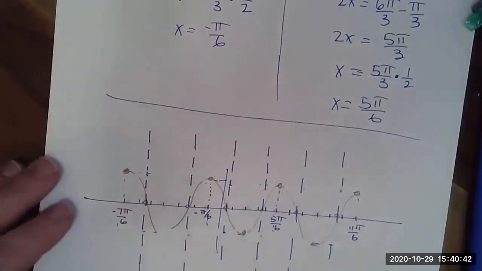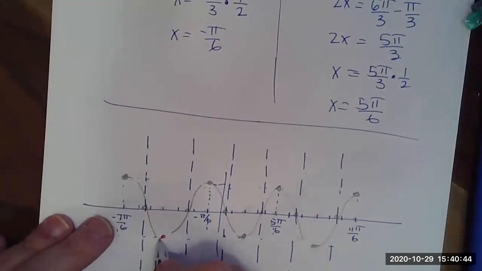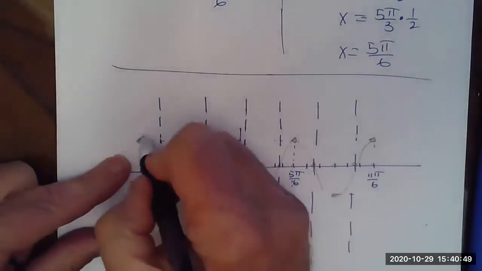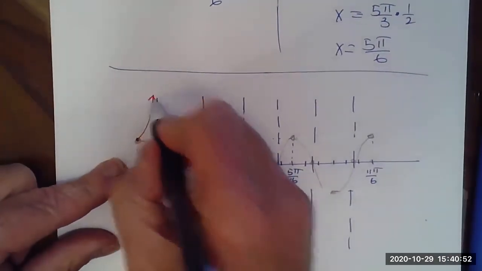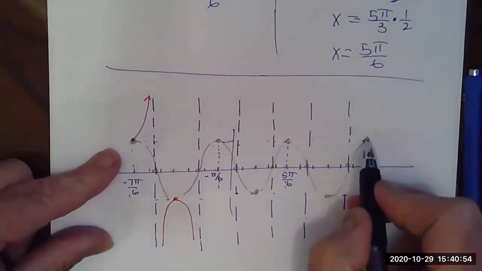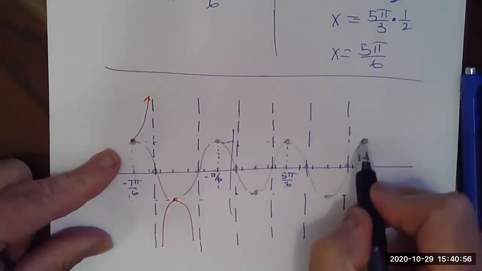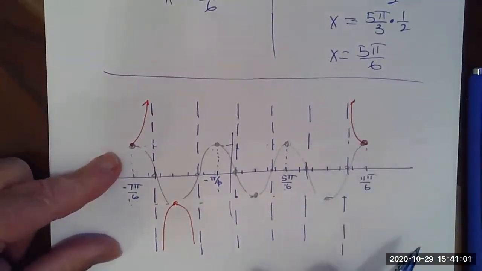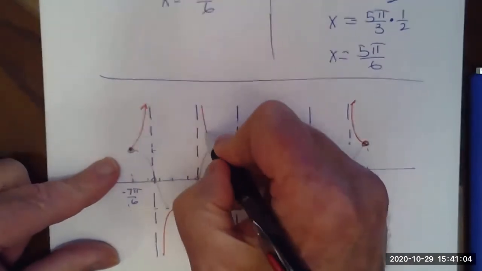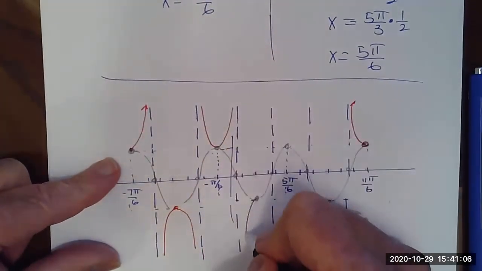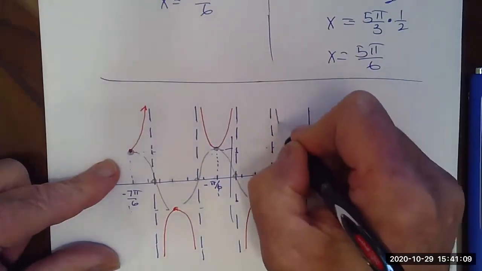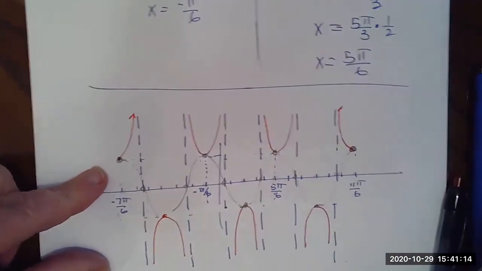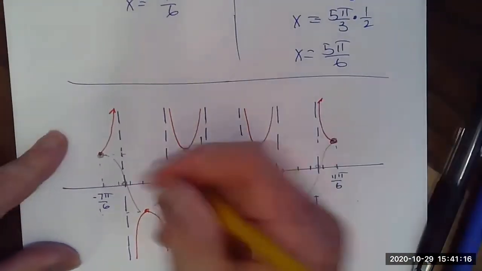I think you can see here it's going to go like that. But what happens over here, you're only going to go halfway. From here, you're only going to go halfway. So it's like a half a parabola. The other half is way over here. The other half is way down here. So together they make a full upper half of a parabola. And then you go like this, and you go like this, and so on and so forth. Erase the pencil marks, and you got what you needed.